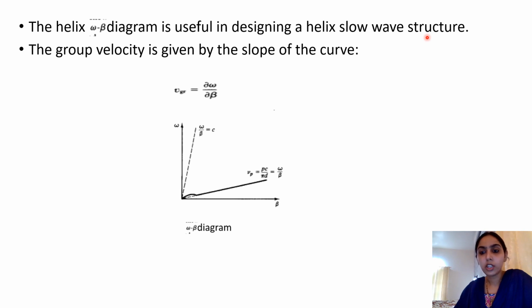Depending upon our requirement, we can adjust the values of p or d and adjust the velocity of the electromagnetic wave, and we can consider this omega-beta graph for designing a helical slow wave structure. Here the phase velocity is given by omega by beta, and the group velocity Vgr, that is d omega by d beta, is nothing but the slope of the curve. For a very small pitch angle, we can approximate Vp to be pc by pi d.